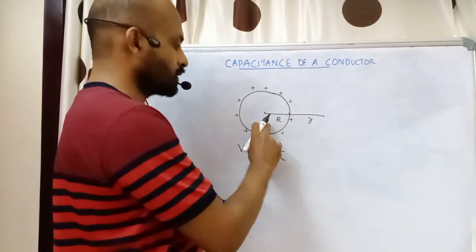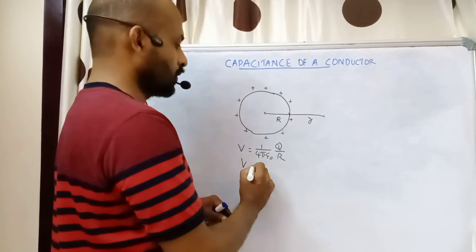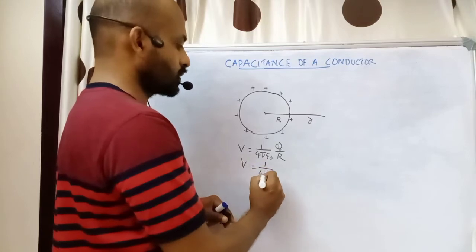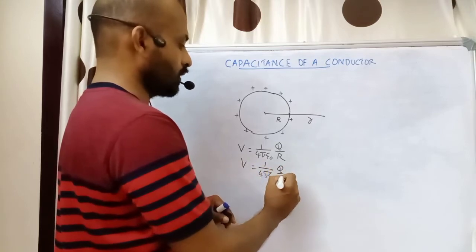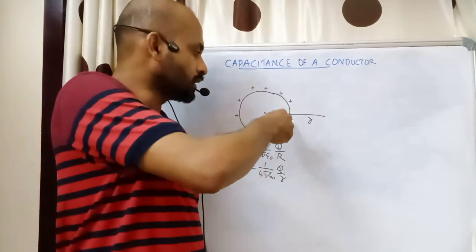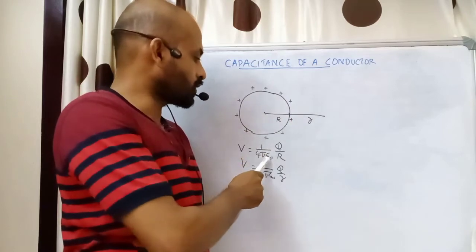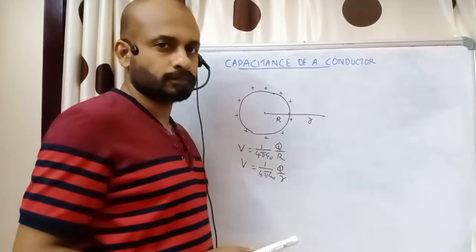At a point at distance r, the potential is equal to 1 by 4 pi epsilon 0 q by small r. So at each and every point of this thin spherical shell, the potential is 1 by 4 pi epsilon 0 q by r.